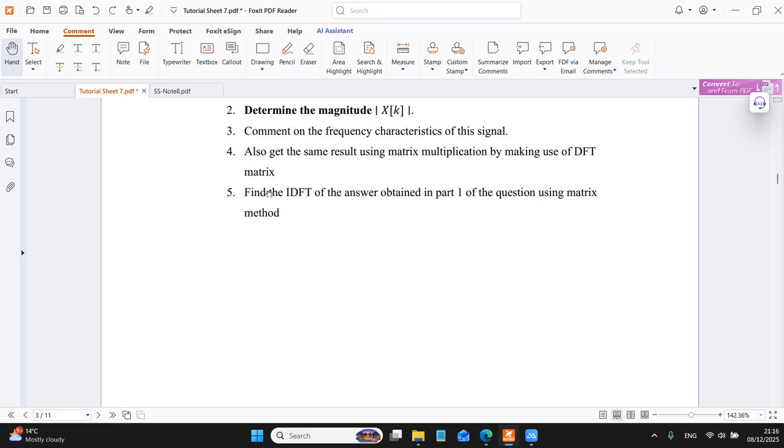This is part D actually: what is the frequency characteristics of the signal? Now we got it. Part C, I can answer here only the third part. This is the fourth part, this is the second part, and the other one is the first part of the question.